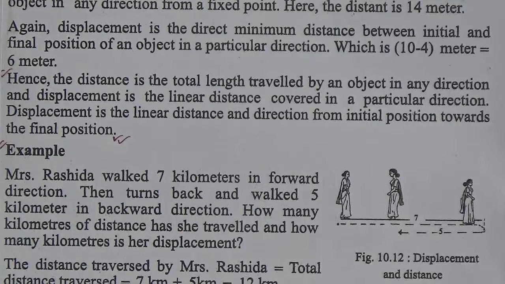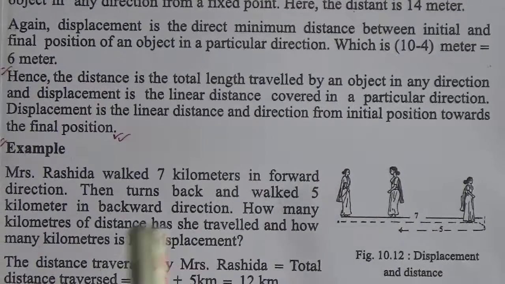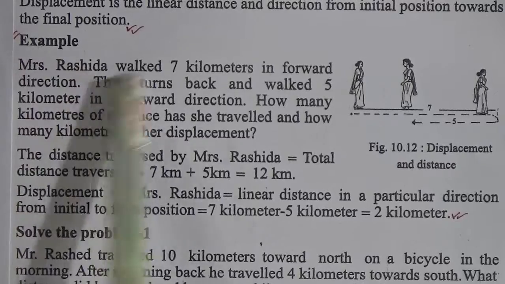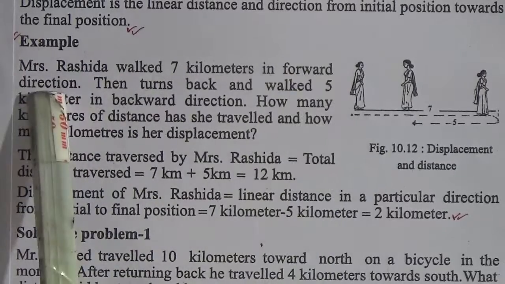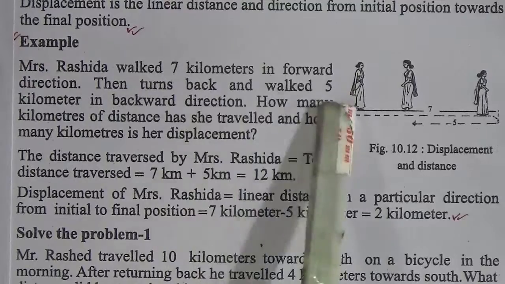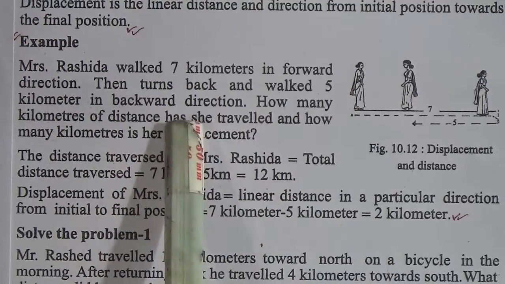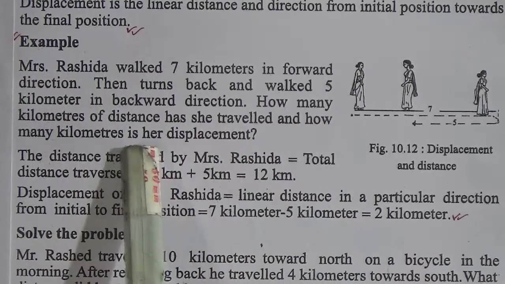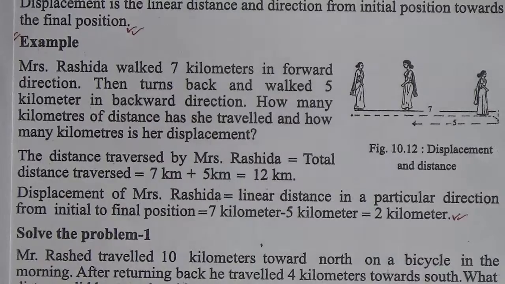What are distance and displacement? Here is an example. Mrs. Rashida walked 7 km in the forward direction, then turned back and walked 5 km in the backward direction. How many kilometers of distance has she travelled, and how many kilometers is her displacement? What is distance and what is displacement?